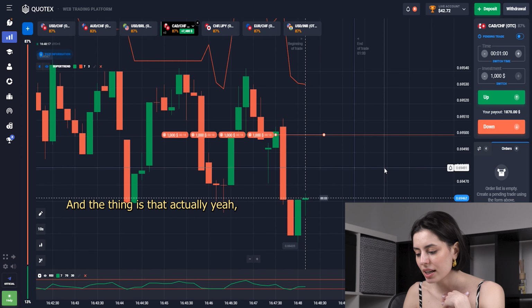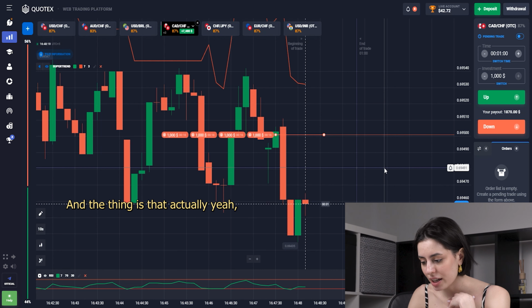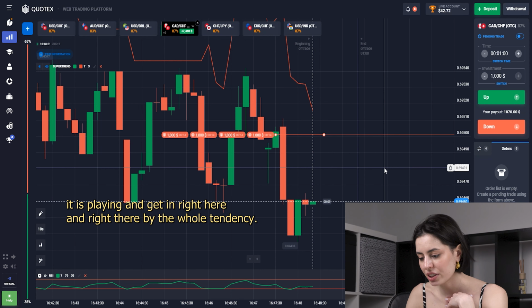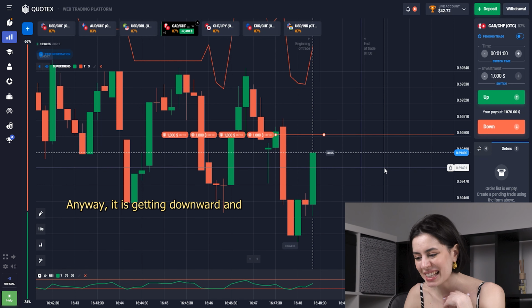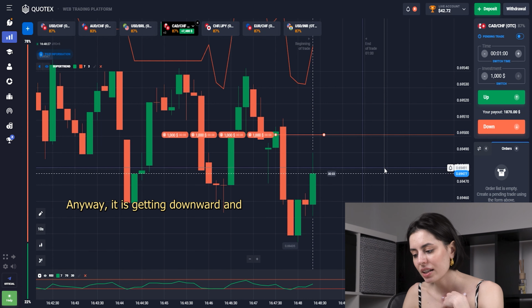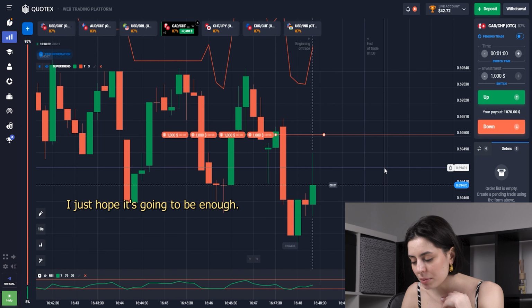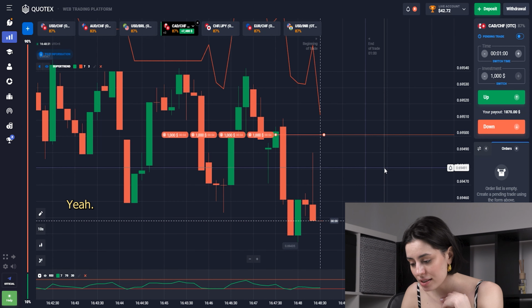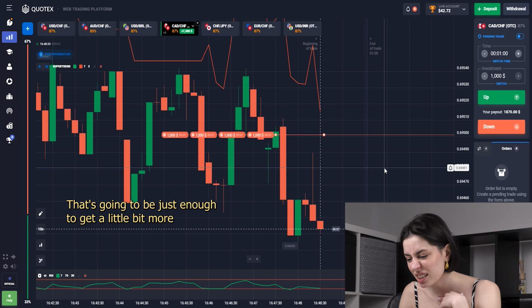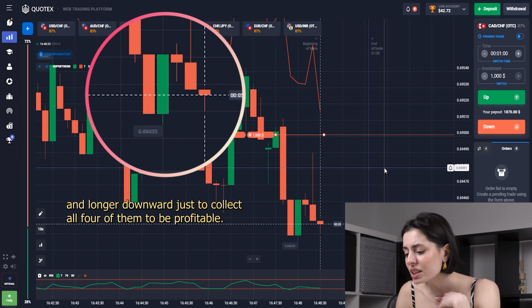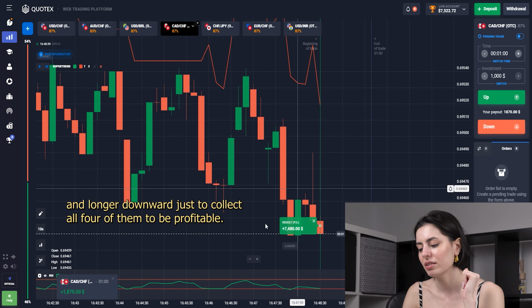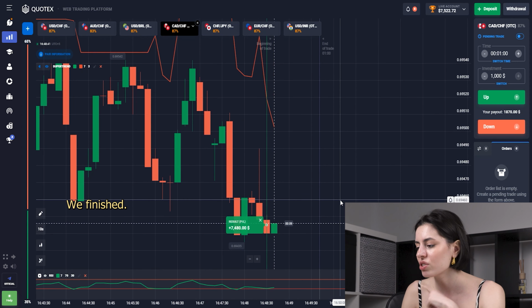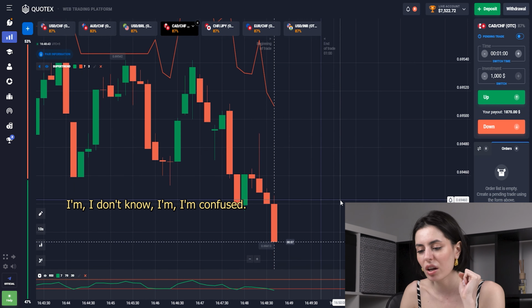It is playing and getting right here and right there, but the whole tendency anyway is getting downward, and I just hope it's going to be enough. Enough to get a little bit more and longer downward, just to collect all four of them to be profitable. Yeah, we just did it. We finished. I'm confused.